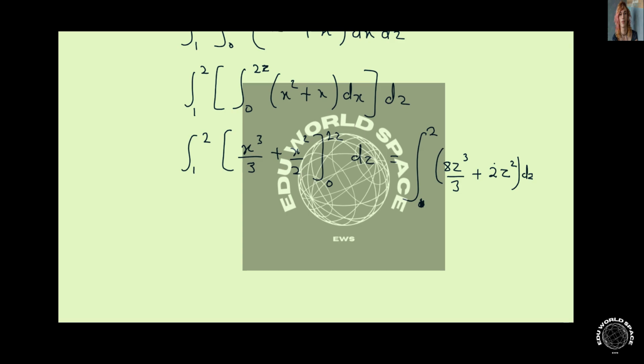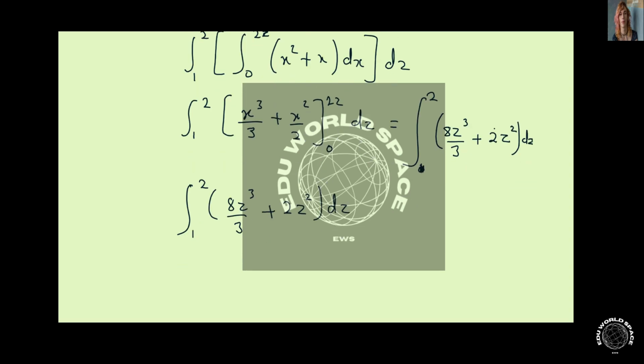So the next step, we only have the integral from 1 to 2 of 8z to the power 3 over 3 plus 2z to the power 2, dz, which will then become 8 over 3 times z to the power 4 over 4, plus 2z to the power 3 over 3, evaluating it from 1 to 2.